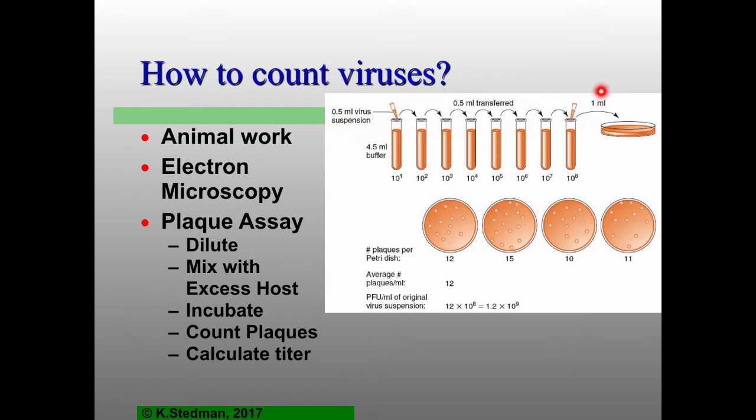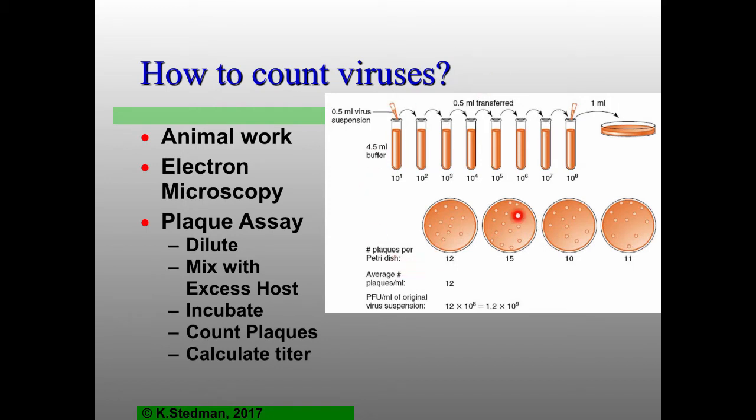And then from each of these serial dilutions, you make a number of plates which hopefully will have a countable, not a too many to count, number of plaques on them. And each of these plaques represents an original infectious virus that's now replicated many, many times and infected all of the cells around that particular cell.